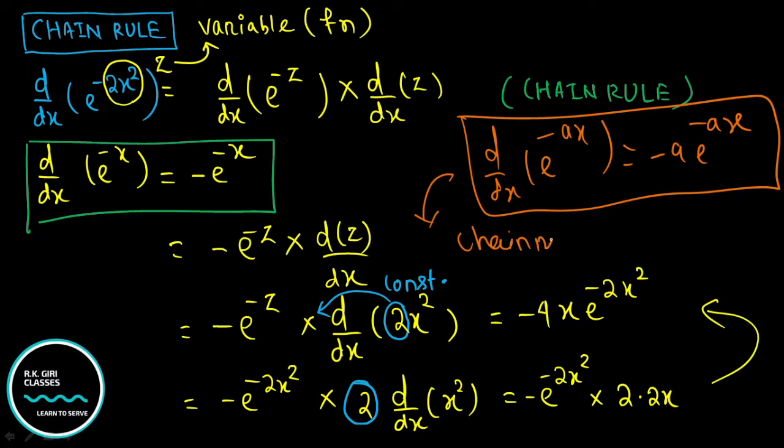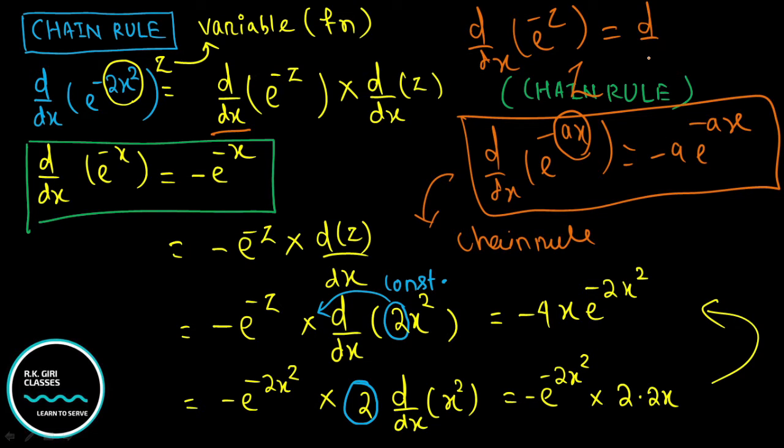What was the chain rule? You will apply it like this: suppose you think this is your z, that means d by dx of e to the power minus z can be represented like d by dx of e to the power minus z into d by dx of z. So if this is your z, then you can represent it like this.